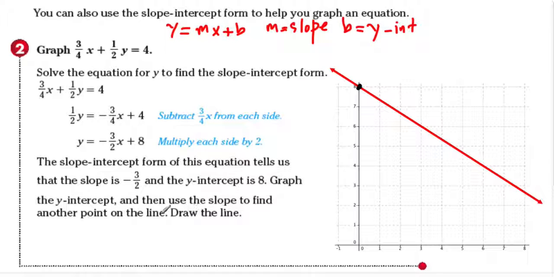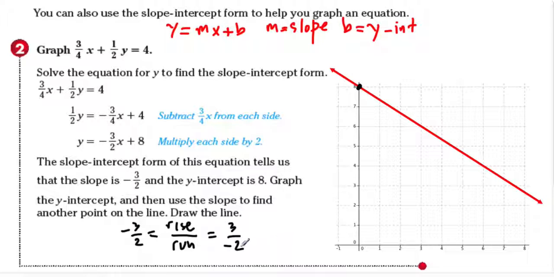Okay, and then since our slope is negative 3/2, it simply means that this is your rise, and that is your run. Negative 3 is your rise, and 2 is your run, or it is the same thing as positive 3 as your rise, and negative 2 as your run.